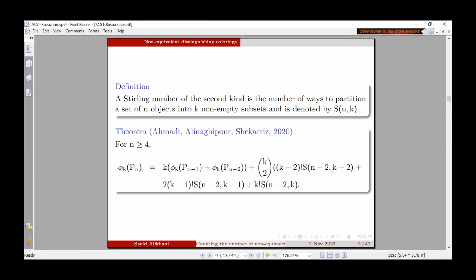Again, the proof is not so hard, and it is very similar to the counting method in the previous theorem.